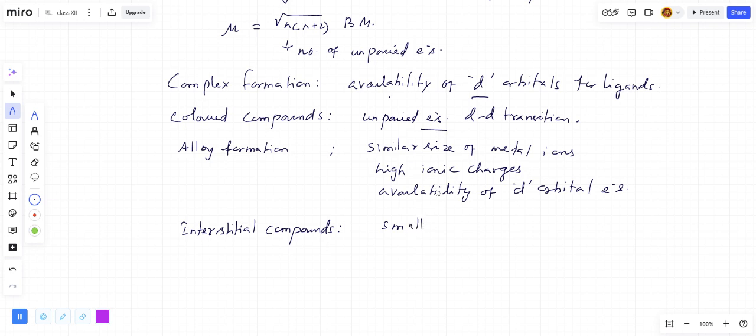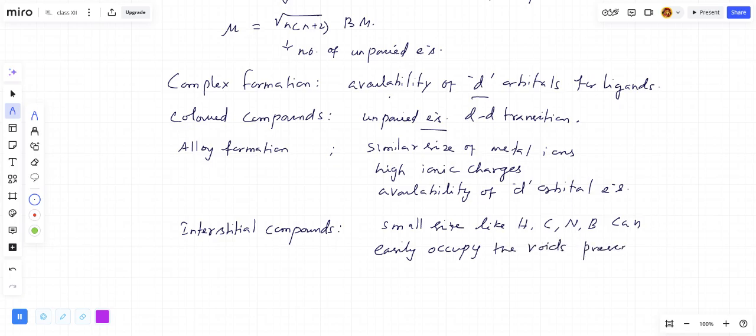It forms interstitial compounds as small sized atoms like hydrogen, carbon, nitrogen, and boron can easily occupy positions in the voids present in the crystal lattices of transition metals.